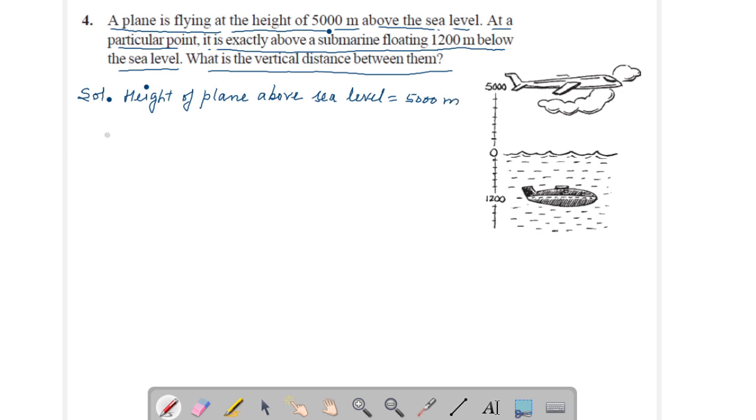Floating a submarine below the sea level equal to 1200 meters.